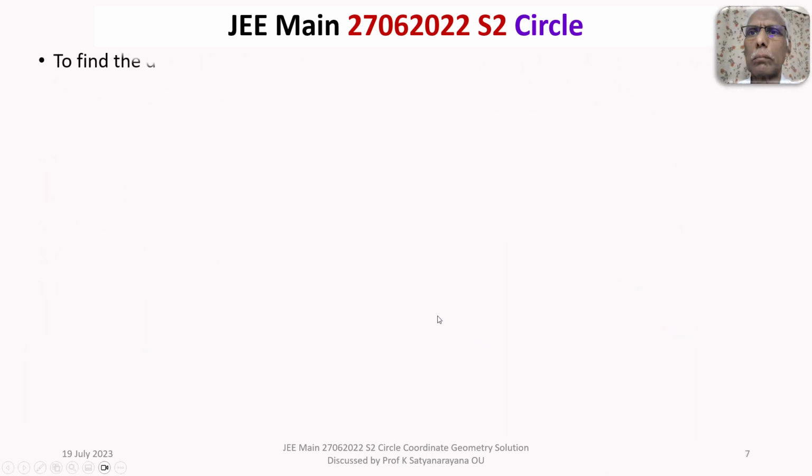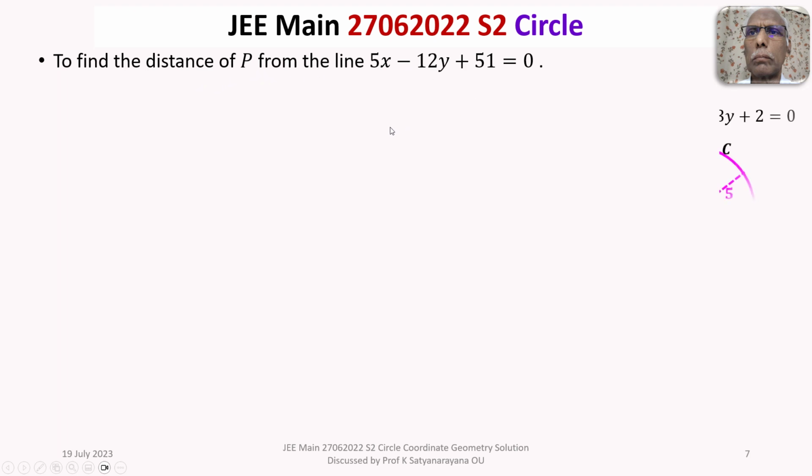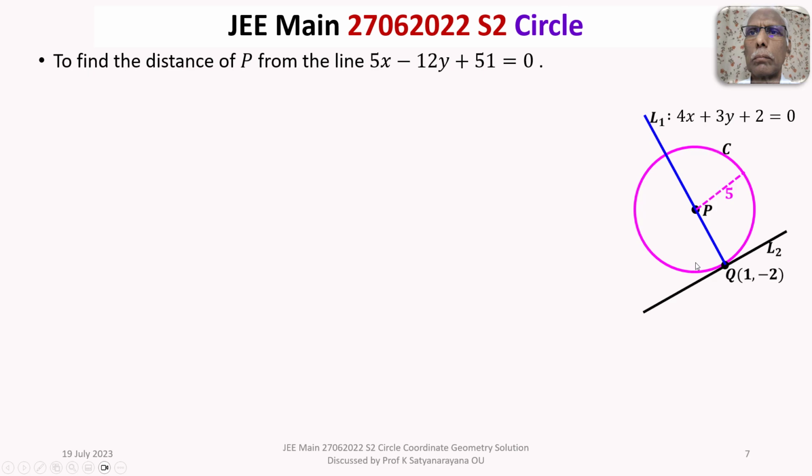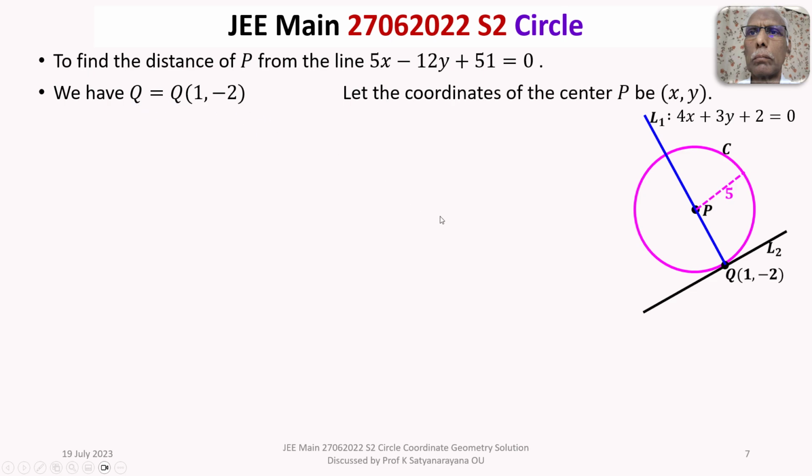We move to the next slide, and our concern is to find the distance of P from this line. So that is what we have done so far, and the coordinates of Q are given by 1 comma minus 2. Let the coordinates of the center P be x comma y. So we want to find the values of x and y.